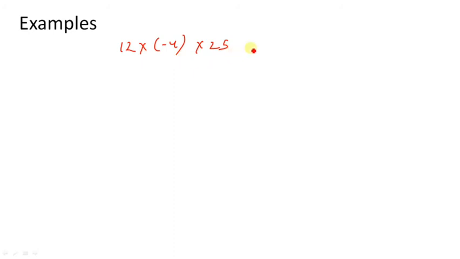Alternatively, we know 25 into 4 is 100. Now 100 is easier to multiply with any number, so first we will multiply minus 4 into 25. So minus 4 into 25 is minus 100, into 12. It will be minus 1200.